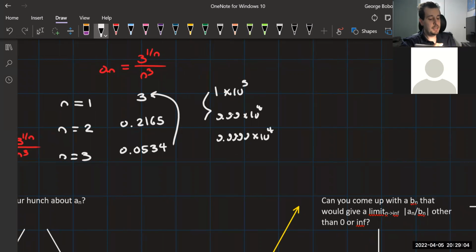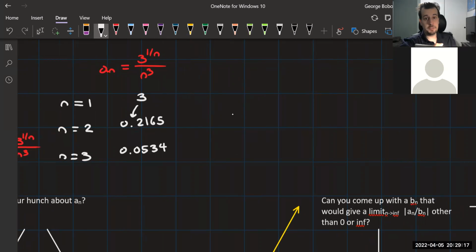This kind of thing is slowing down, but it's slowing down very slowly. Here you see you've dropped several orders of magnitude each step. You've dropped a factor of 10 here, and then another factor of 10 here. Every one n that you're moving forwards, it's like dividing by 10 the answer that you get here. That's a very fast convergence.